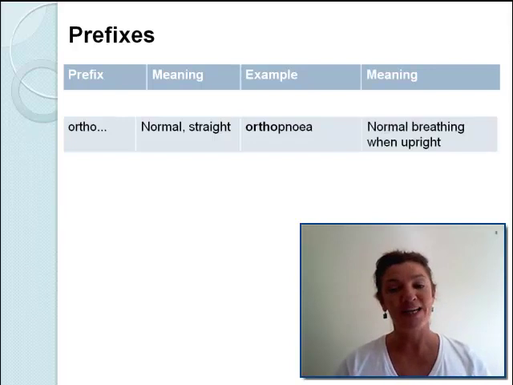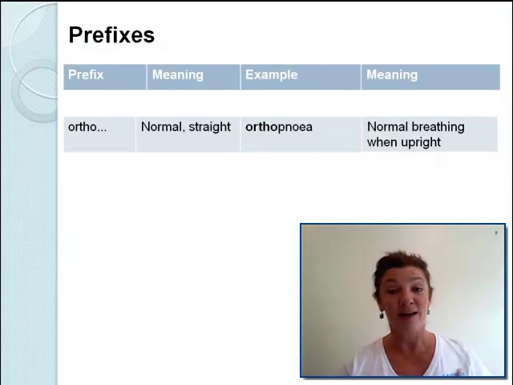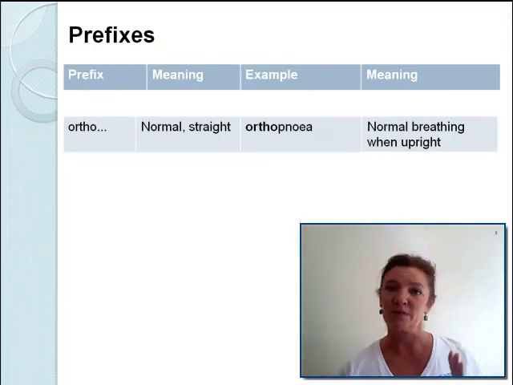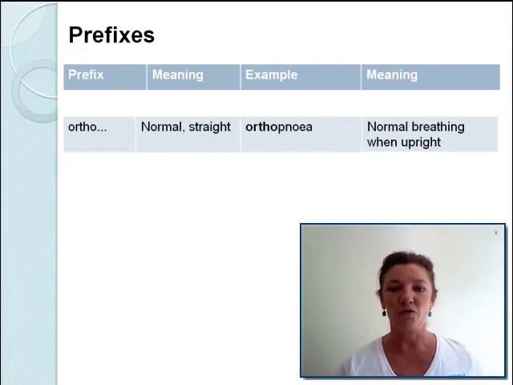A better way to put it, normal breathing when upright. Some people, because they have pulmonary edema, a build-up of fluid in their lungs, will not be able to sleep well if they're lying flat, because they won't be able to breathe particularly well. But if you sit them upright, the fluid will drain down to the bottom part of their lungs and they'll be able to sleep and breathe in a bit more comfort.